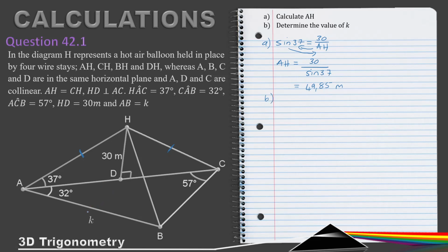Then for B, determine the value of K. All right, now we can see that K is in, well, two triangles. We've got AHB, but there's no information there, so we are definitely going for ABC to work in that triangle, because we've got another angle there, and then obviously we can calculate AD, but now we actually need AC, that whole length over there.